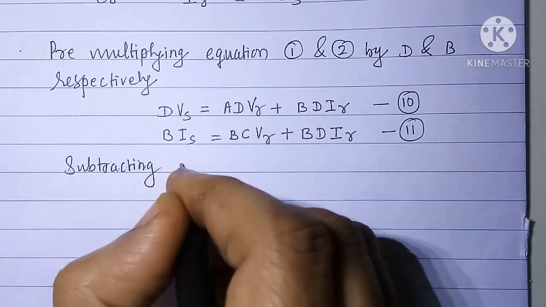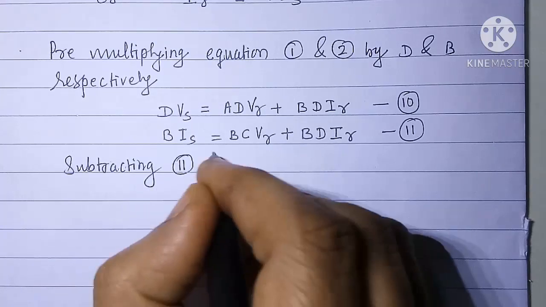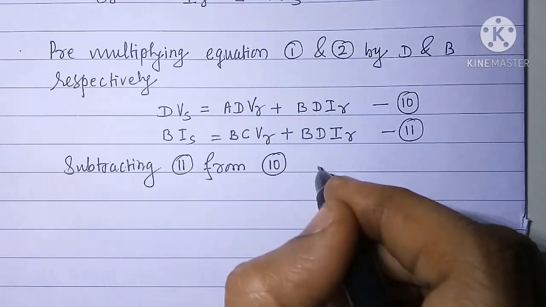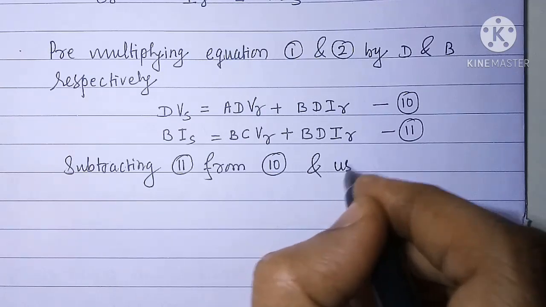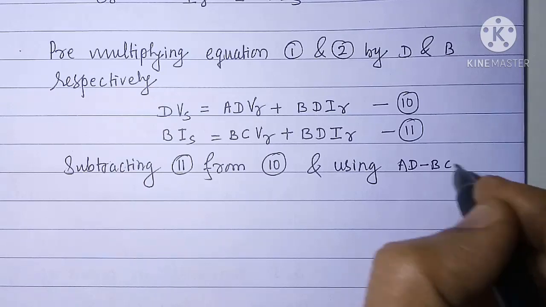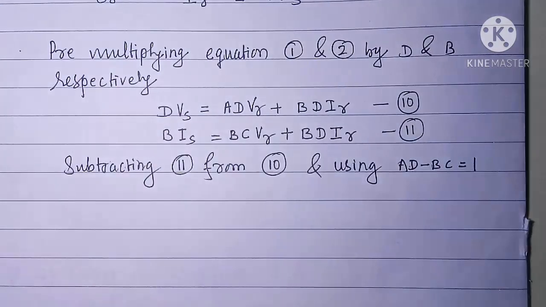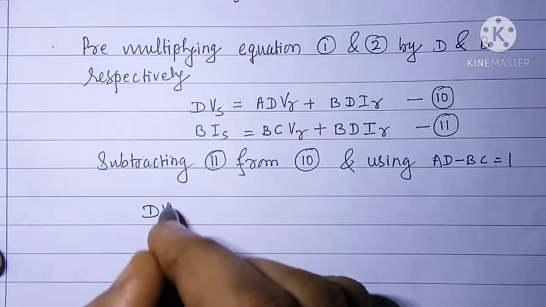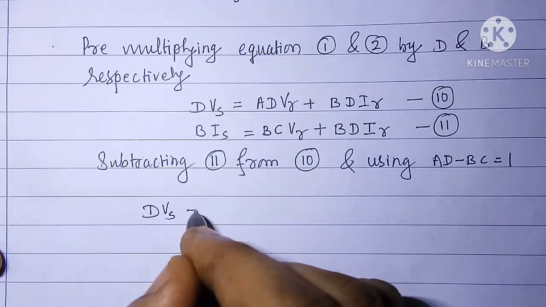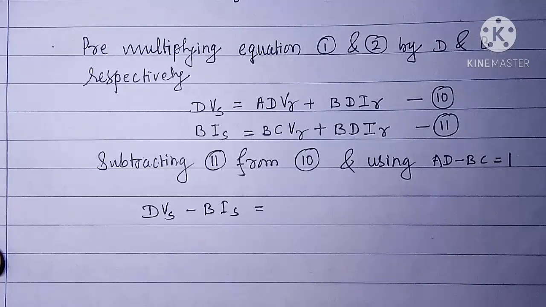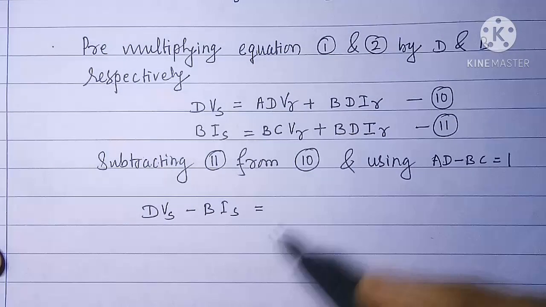Subtracting 11 from 10 and using AD minus BC equal to 1 again, D into Vs minus B into Is equal to, now these two terms will cancel.